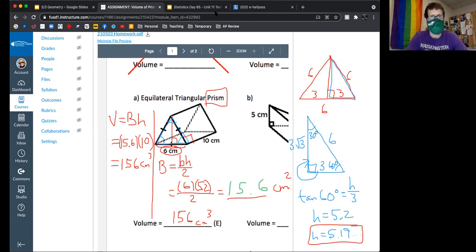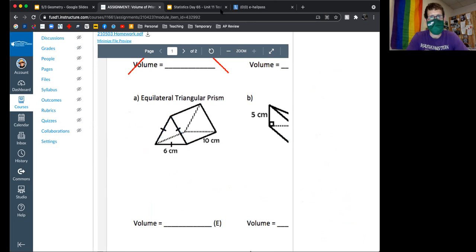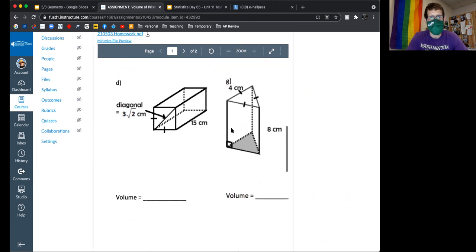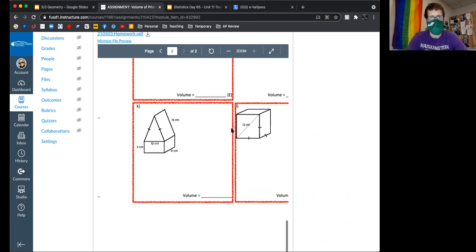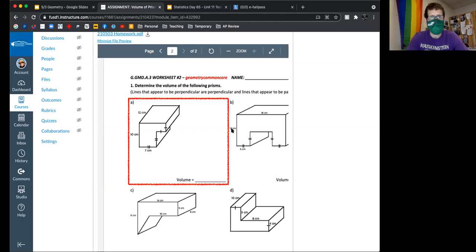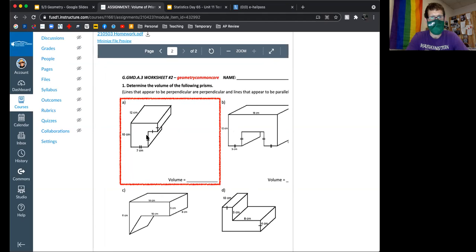All right, let me go ahead and clear this, and we will look at one more practice problem. This is going to be on this page. Notice that I did include some things that are a little bit tricky. We've got what's called a composite solid. Maybe traditionally I would have waited a little bit longer before we saw these, but you can figure this out.